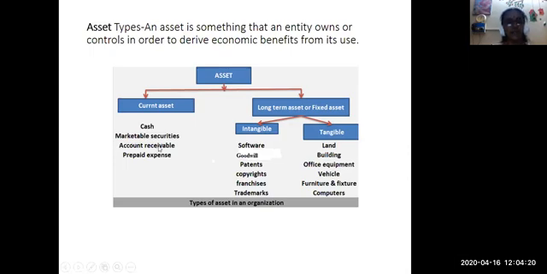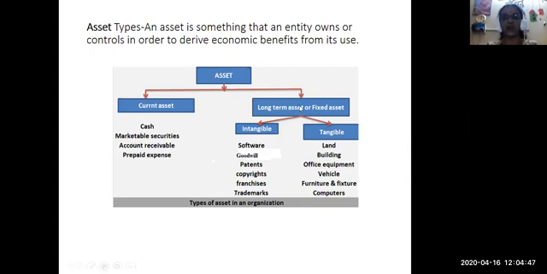Accounts receivables means the debtors, the goods which are sold on credit basis. Then the prepaid expenses. If we have paid the internet bill or telephone bill for a 1 year period together, those are known as prepaid expenses, from which we will derive benefit for the given period of time. That is why they come under current assets.